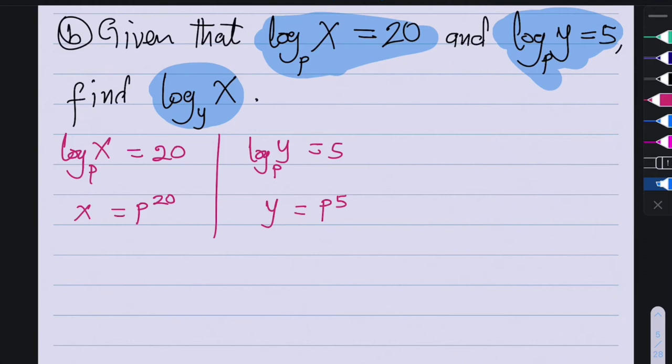Good. So now we know what x is, we know what y is, so we can now work with our dear friend here. So that is log x base y, right? But we know x is p to the power 20, and y is p to the power 5. All right.